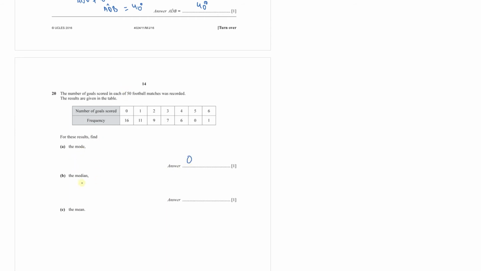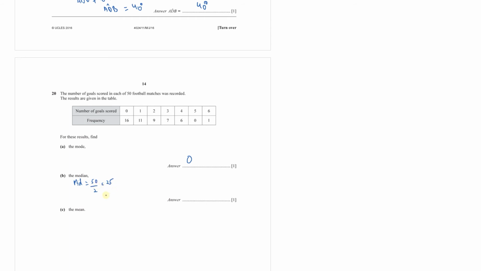And then you have to find the median value. The median value is the middle value. Since you have 50 football matches, which is an even number, the mid value would be 50 divided by 2, which is 25. Since this is an even number, we have to check the mid value plus 1 as well.